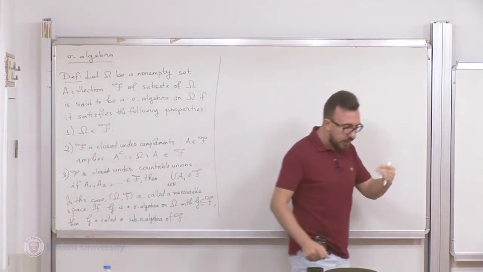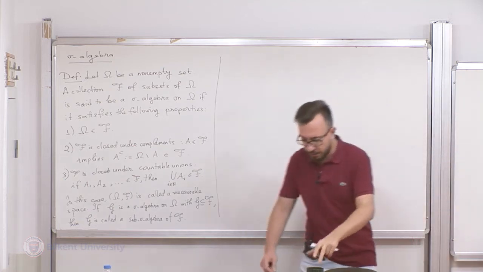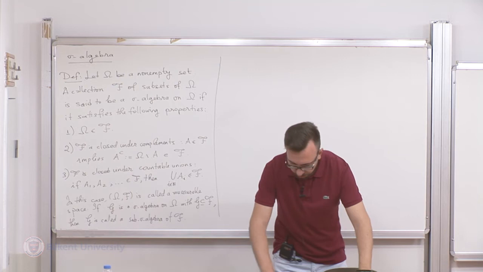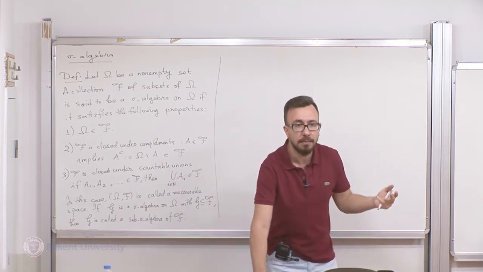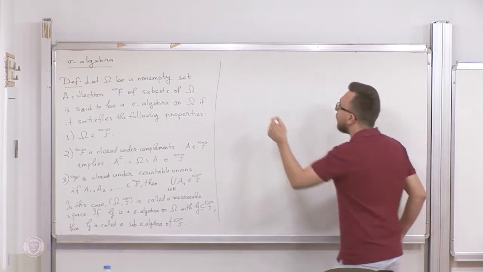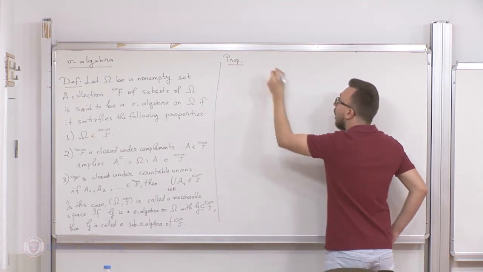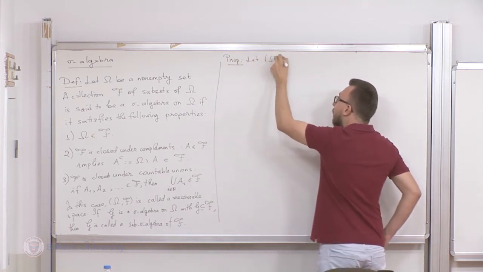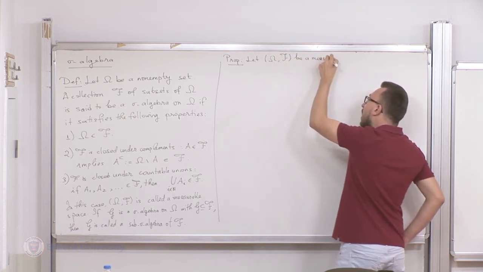So this is the definition, and right now we're going to prove some simple properties of sigma algebras. The definition has to be kind of minimal, right? Okay, so now is this proposition. Let omega, F be a measurable space.